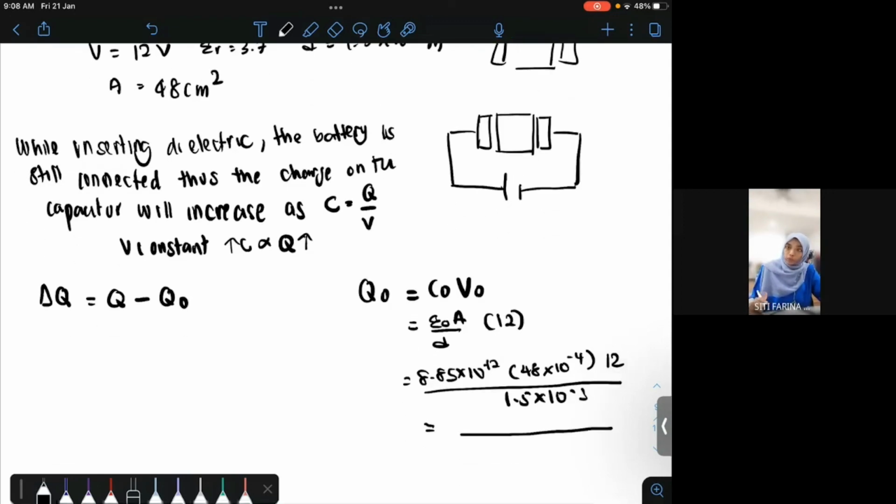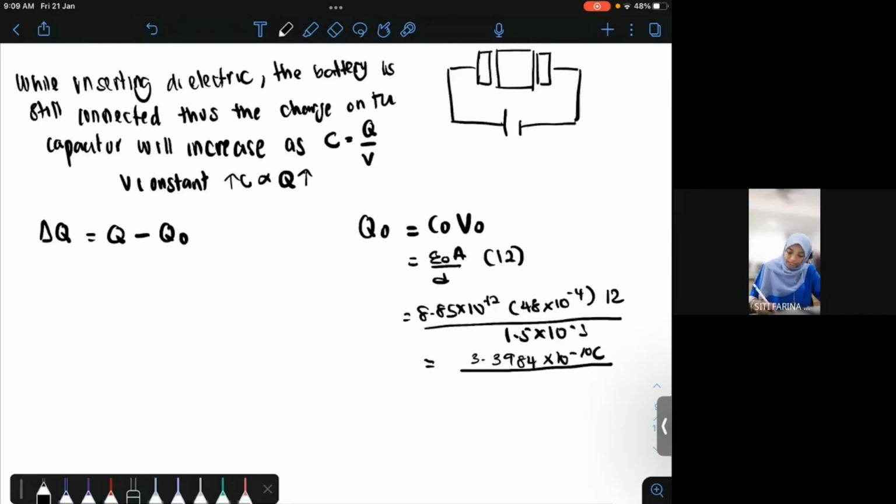Dapatkan jawapan C baru kamu. C filled with air. Okay, you should get approximately ini jawapan dia lah, darab 10 eksponen negatif 10 coulomb. And then cari untuk dengan dielectric. Q is equals to CV.